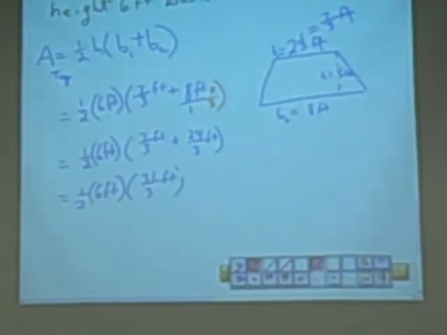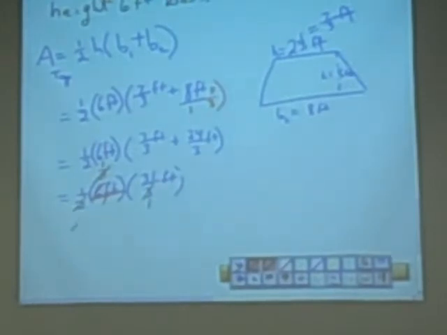Okay, now we can cancel. We can only cancel the 2 and the 6, right? We cannot cancel the 2 and the 31, right? So we cancel 2 and the 6, and that's 3. Now, can we cancel again? The 3s. Yeah, 3 can go into 3, and that's 1, right?